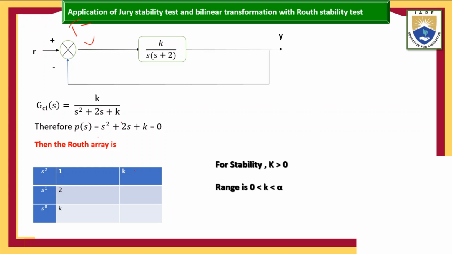Whereas in these two absent, only G of S is there, the pulse function is taken as 0 and the zero order device is taken as 0. So we get only G of S. For that, we get the stability as K greater than 0, up to infinity.